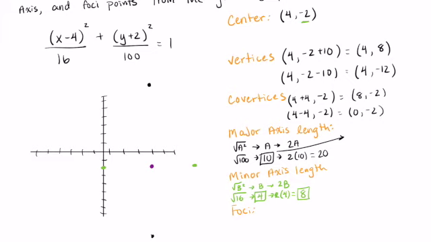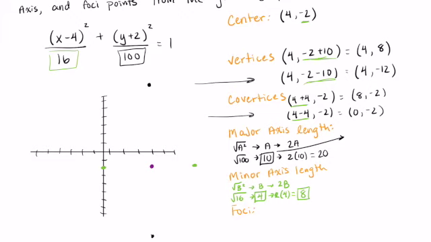And I know this because my larger denominator was underneath y. Since my larger denominator was underneath y, in my vertices, it'll be my y value that changes. Since my smaller denominator was underneath x, in my co-vertices, my x value will change.